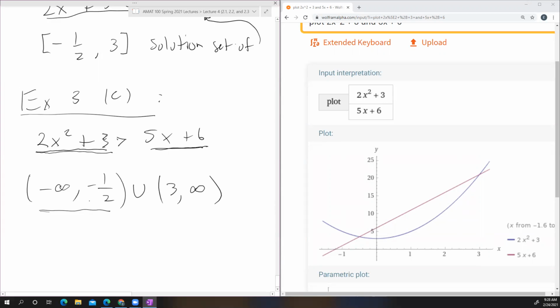And as I said, it's much easier, but it's still good to know the algebraic method, because that will be a more certain way of determining the solution set. In fact, this is invalid.